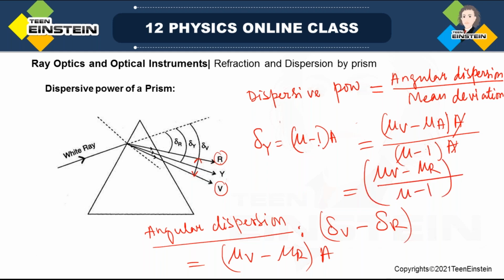So this is the dispersive power. You will get many questions from this dispersive power in your board exam or maybe in your competitive exam also. So I took a little extra time, but it was worth learning.